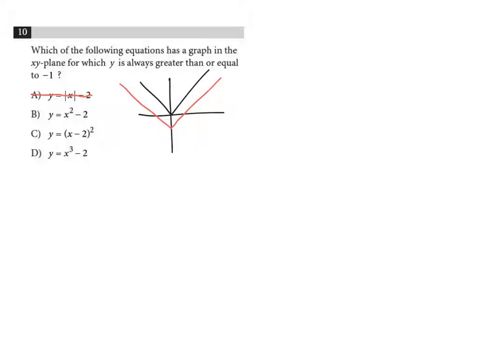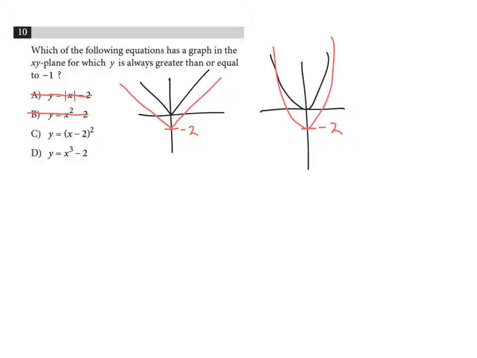Well, we're going to look at what the parent function of a quadratic is. It's like this. However, when you subtract 2, it comes down below, and it's now at -2. So that also does not satisfy what we're looking for.